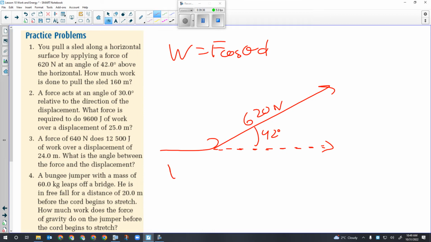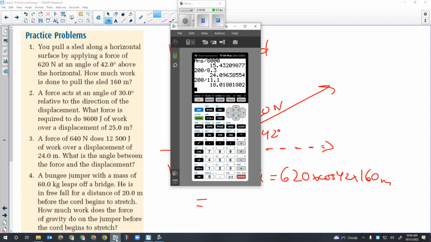So, if I want to calculate the work, okay, then I just have to go F cos of theta times D. So I'll take my 620 times the cos of 42 times 160 meters. Okay? And that will get me the amount of work that I do in that particular situation. So 7.4 times 10 to the 4 joules.